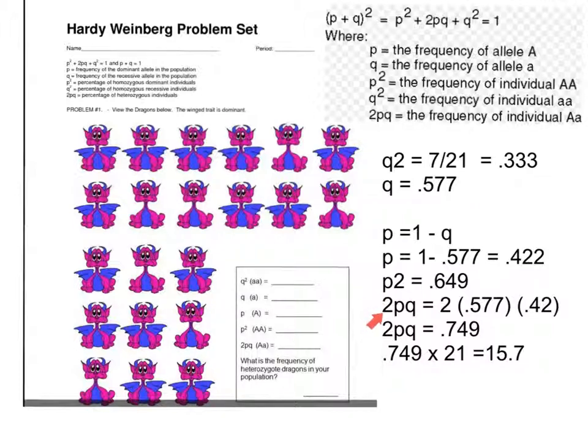I would take my 2pq, which is 2 times p, which is right here, times our q, which is right here. So our 2pq would work out to be 0.749 or 74.9%. Take this, multiply it times the 21, and I would expect 15.7, or right at 16 of the 21, to be carriers, big D, little d, for wings.